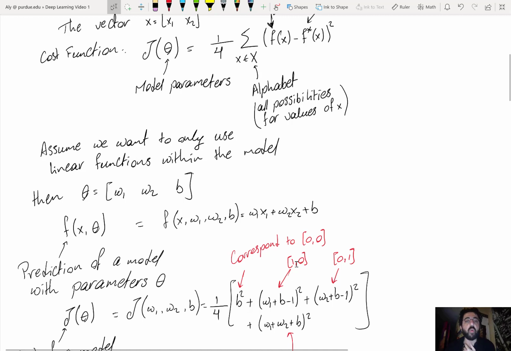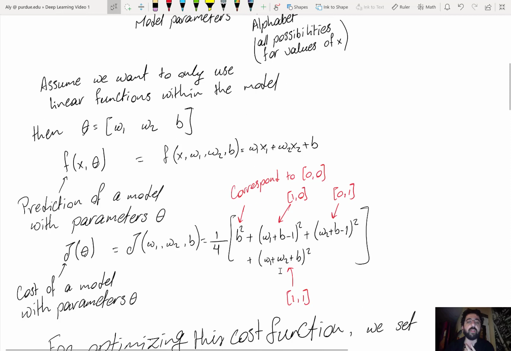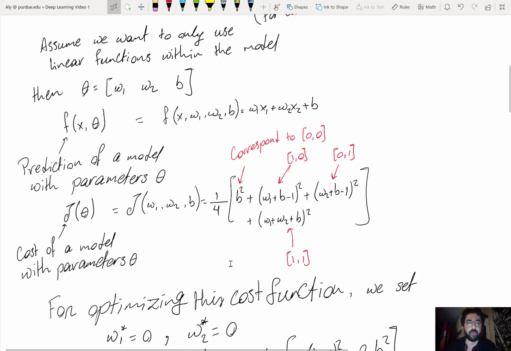Now corresponding to 1 0, f of 1 0 equals w1 plus b, and f star of 1 0 equals 1. So f minus f star squared equals w1 plus b minus 1 squared. Corresponding to 0 1, I get w2 plus b minus 1 squared. Corresponding to 1 1, I get w1 plus w2 plus b squared, because f star of 1 1 equals 0 and f of 1 1 equals w1 plus w2 plus b.